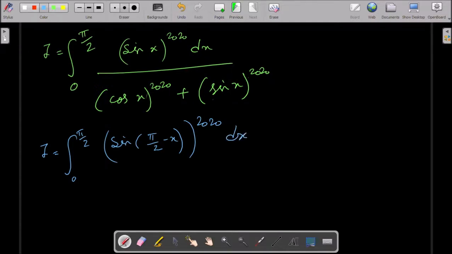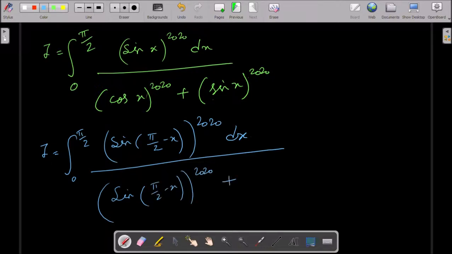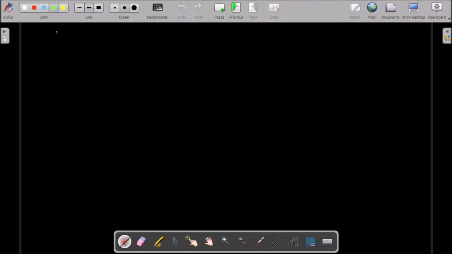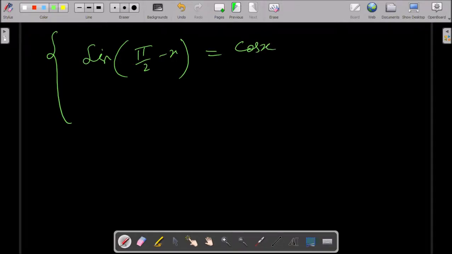That's why I'm writing like this, upon sine of pi by 2 minus x to the power 2020. Now one important thing: sine of pi by 2 minus x will be cos x, and cos of pi by 2 minus x will be sin x.